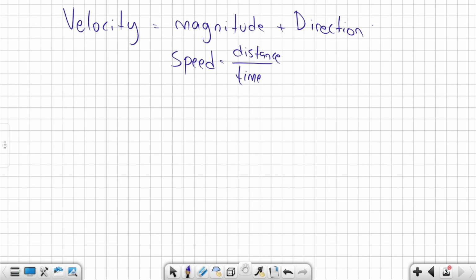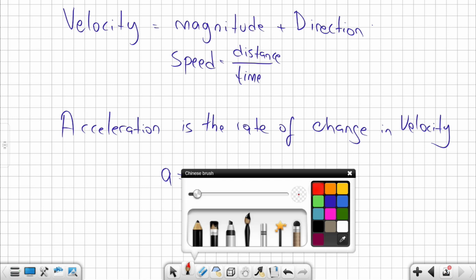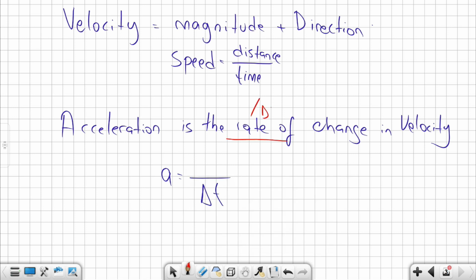The next quantity that you have studied in grade 11 is acceleration. Acceleration is the rate of change in velocity. Since it is the rate of change of velocity, acceleration will be equal to something divided by delta time, because it starts with the rate. So this one is divided by delta time of change of velocity.